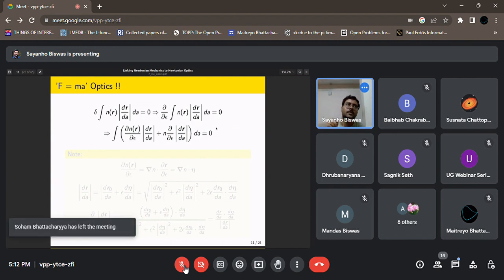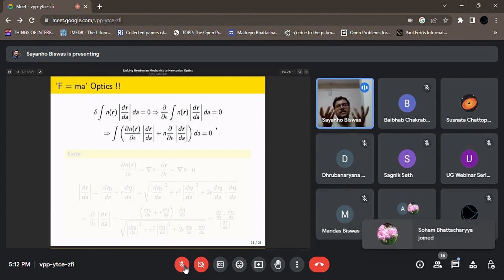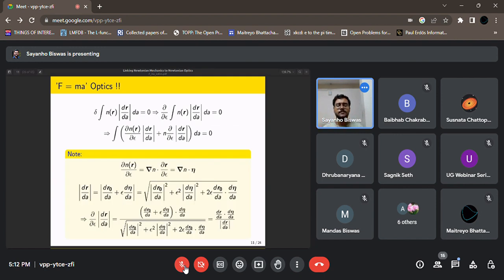Okay. Dou n dou epsilon. Here r is nothing but the spatial position vector. We can also explicitly write the refractive index as a function of x, y, and z. We can, right? After writing that, we write dou n dou epsilon as dou n dou x dou x dou epsilon plus dou n dou y dou y dou epsilon plus dou n dou z dou z dou epsilon.